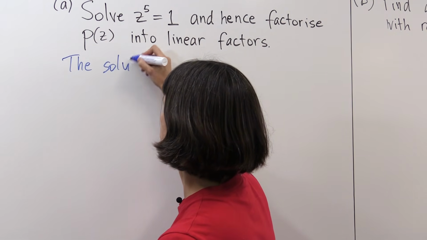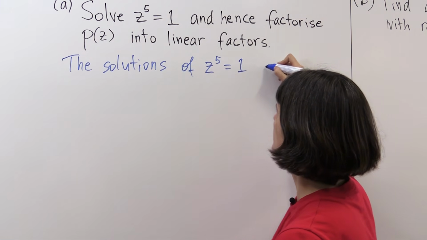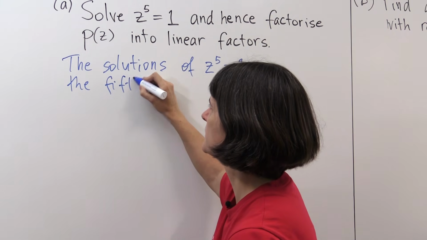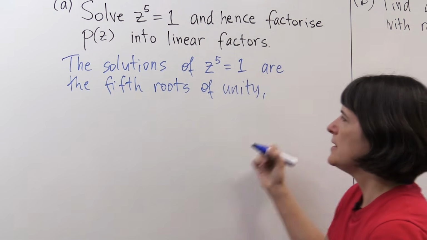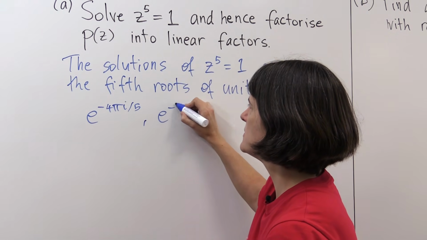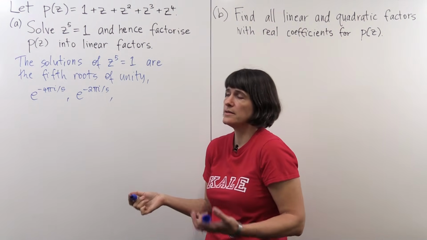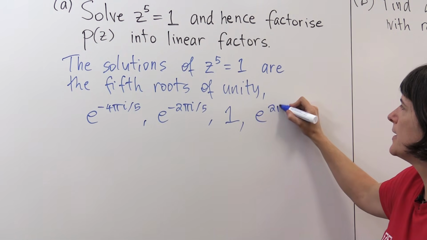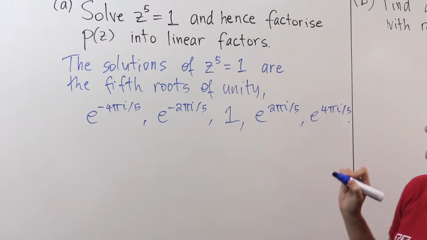So the solutions of z to the fifth equals 1 are the fifth roots of unity, namely, we'll take e to the minus 4 pi i on 5, e to the minus 2 pi i on 5, e to the 0 pi i on 5, which is 1, which is obviously a root of unity, and e to the 2 pi i on 5, e to the 4 pi i on 5, okay?